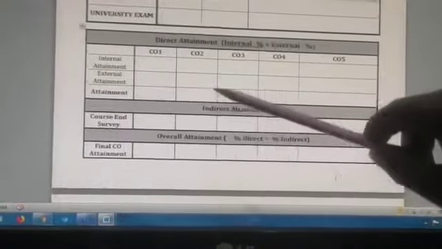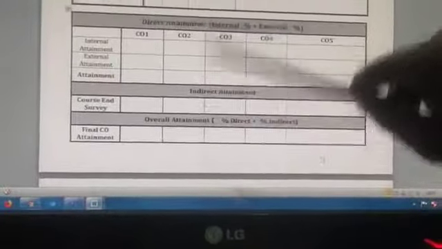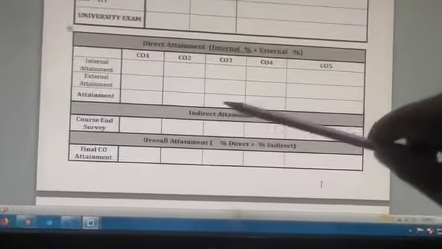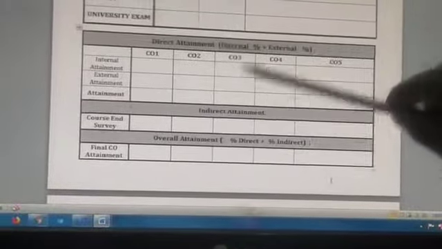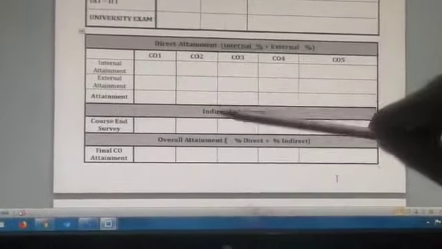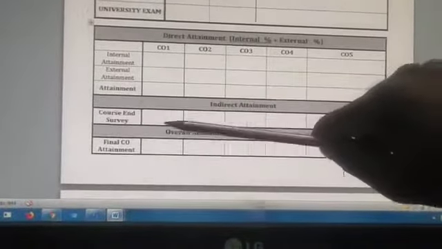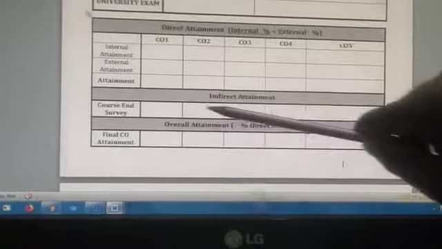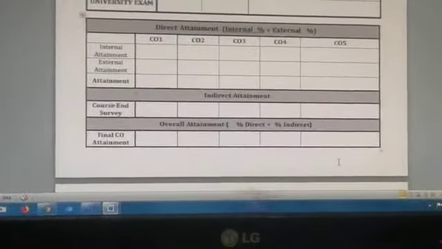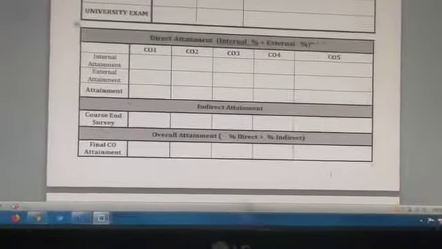So each student has to assess each CO, and the mean of the students' ratings for each CO in each course is found, and that value is to be entered here. CO1, CO2, CO3, CO4, CO5. So all the COs should have different values.